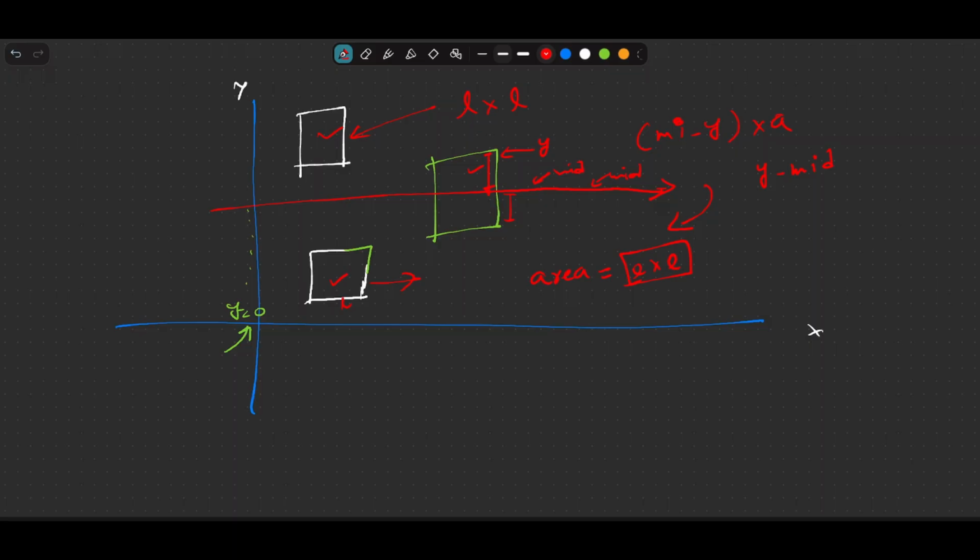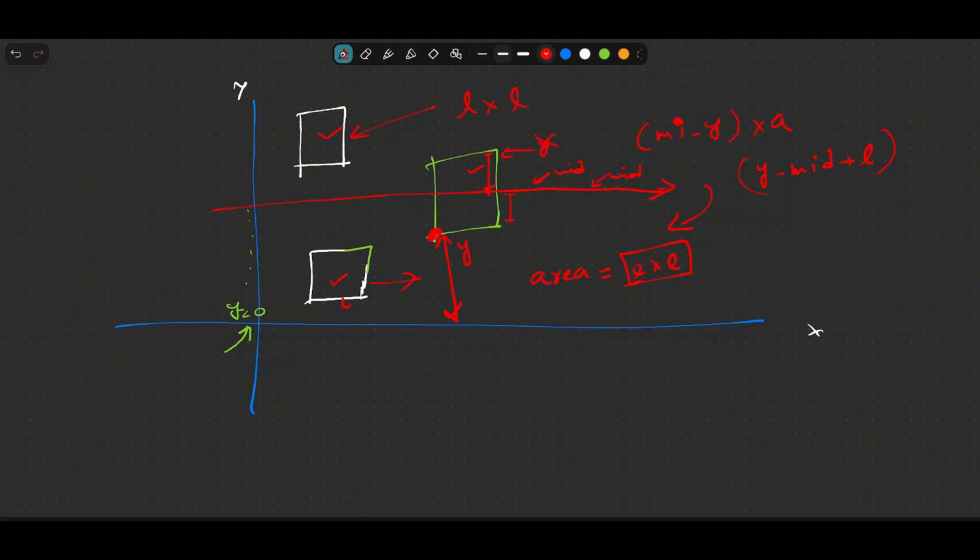This is y plus l minus mid, right? You can see it clearly. So we already have this point. From this point, we need to find it. So till this point, this is y, not this one, sorry.